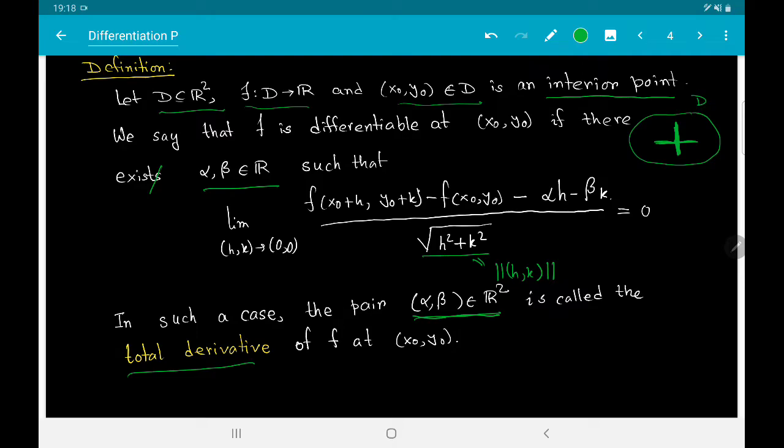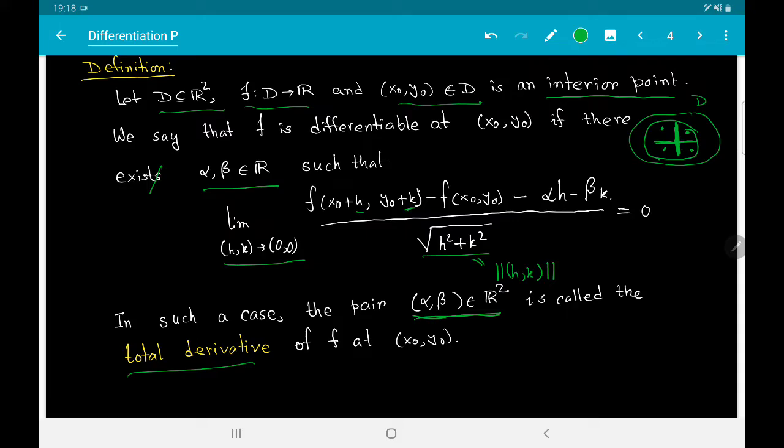But here, can we avoid the notion of interior point? Well, perhaps not. When we are considering this limit, (h, k) could be arbitrary, so it could be a point like here, or here. All we need is a small open set containing the point (x0, y0), so that we can actually consider this limit.